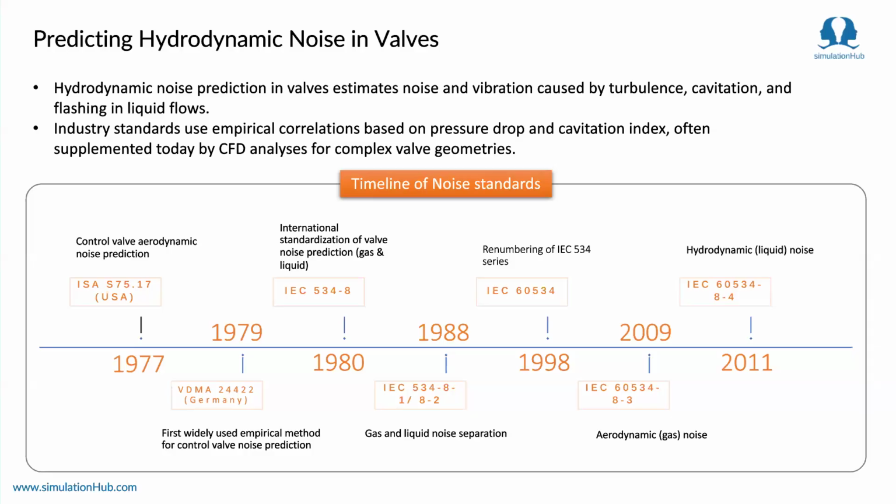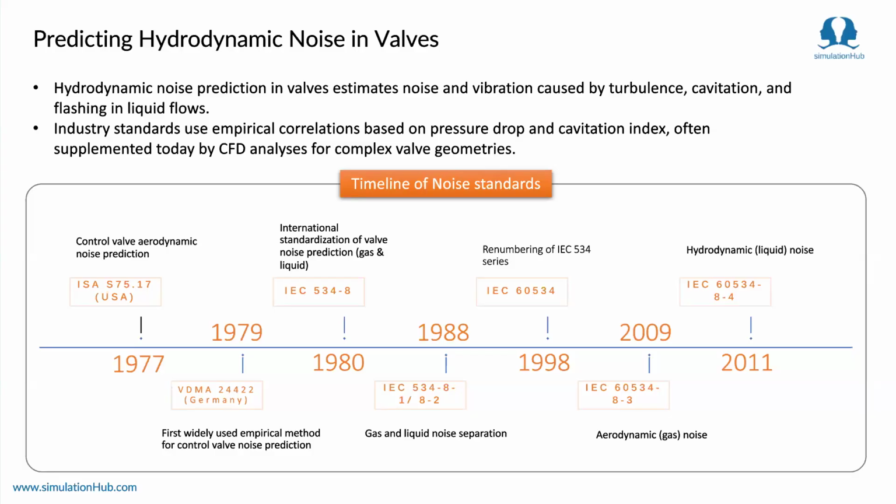Back in the 70s, there were independent bodies using some methods to get empirical formulas to predict this noise. And around the 80s, the international standardization of valve noise prediction was established.